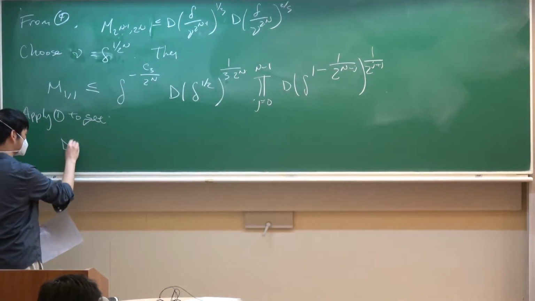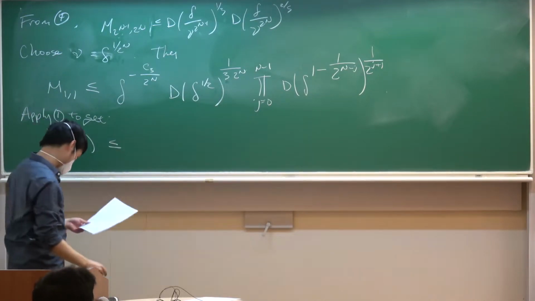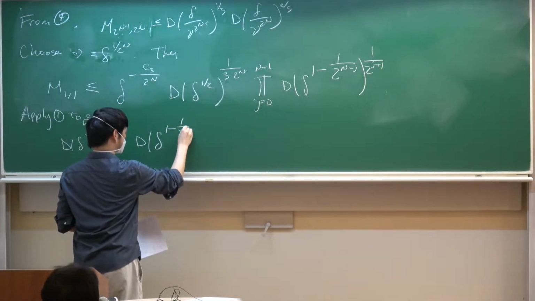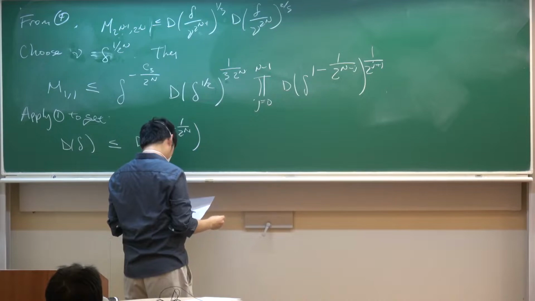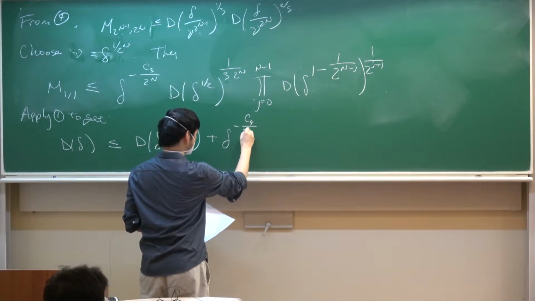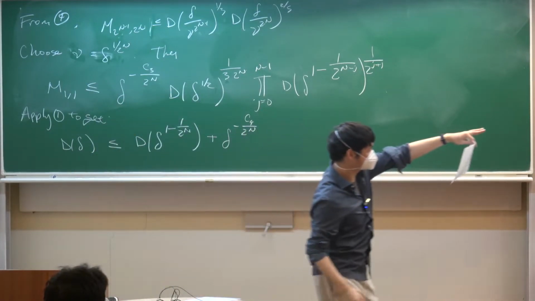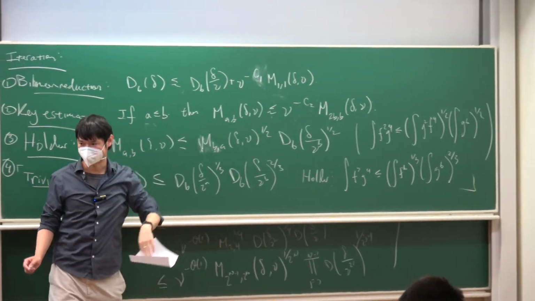Okay, so we get D6 is bounded by, and I'm going to ignore the tilde, d of delta to the 1 minus 1 over 2 to the n, plus, let's say delta to the minus, let's say C4 over 2 to the n. That's just C3 plus whatever powers of plus C1 pretty much. Okay, so there's some other constant.